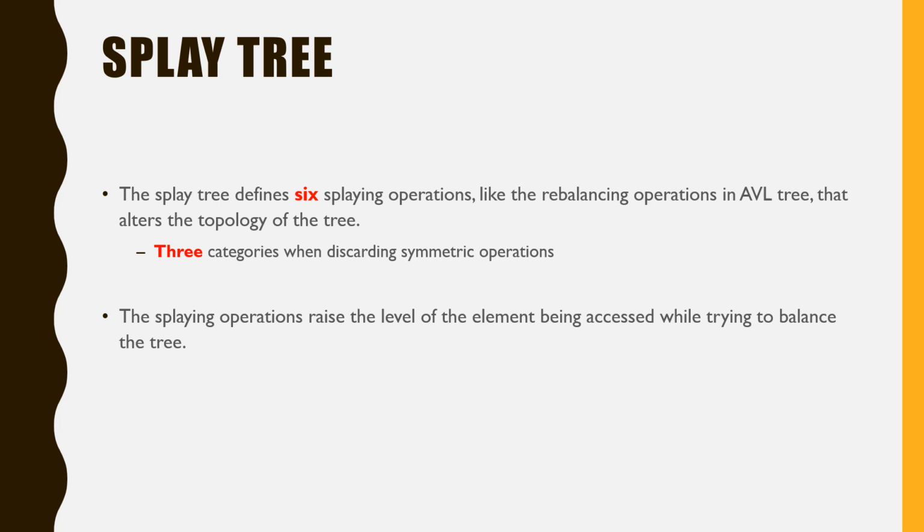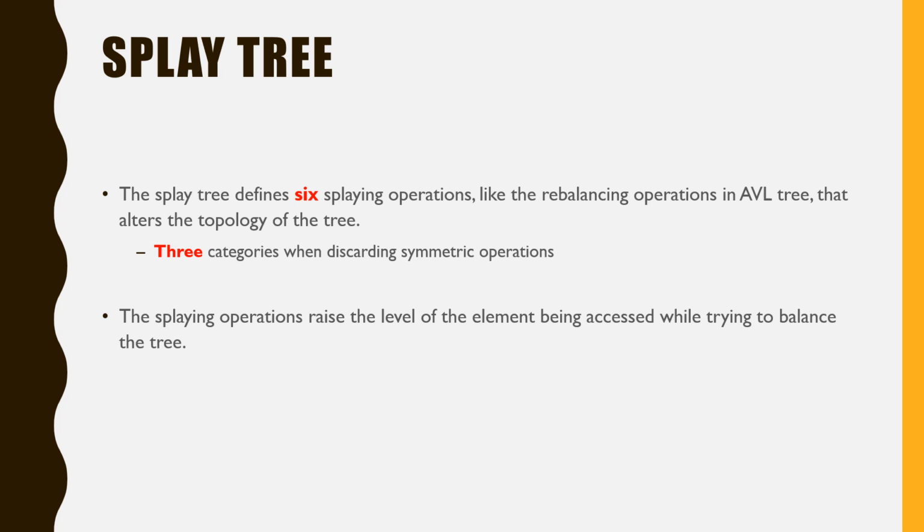Now, let's delve into the details of the Splay tree. Similar to the AVL tree, which defines 4 rebalancing operations, the Splay tree employs 6 splaying operations. Among these, 3 operations are symmetric to the other 3.